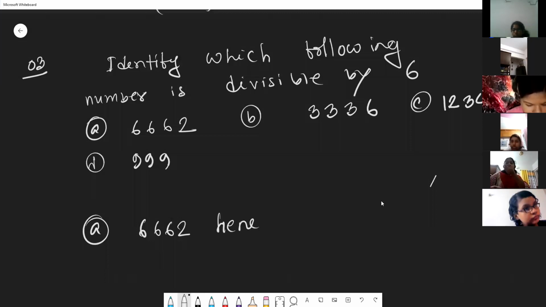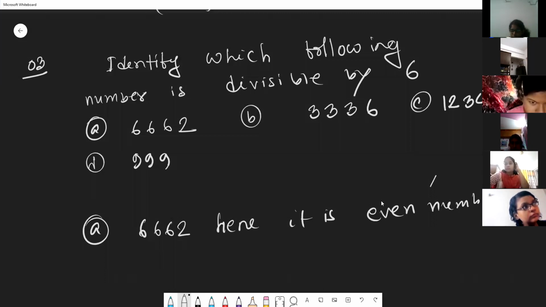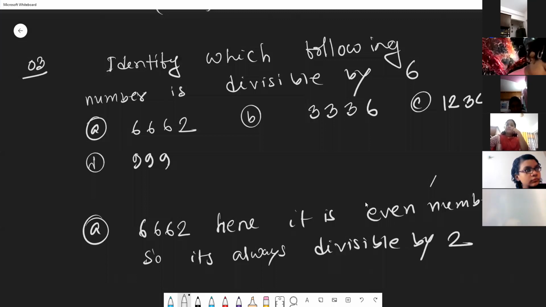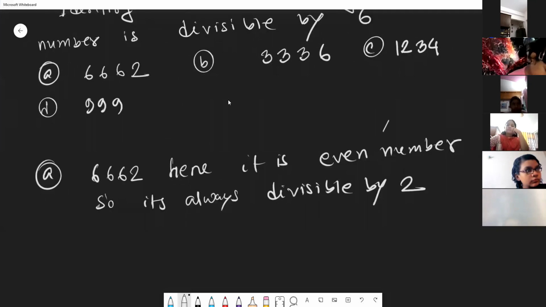It is an even number, so it's always divisible by 2. An even number is always divisible by 2.